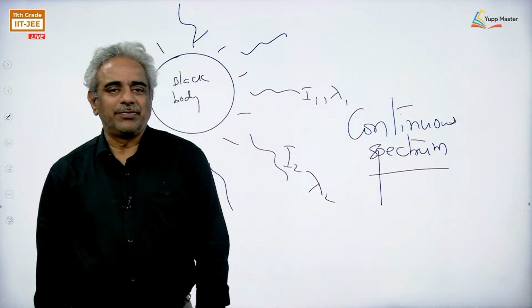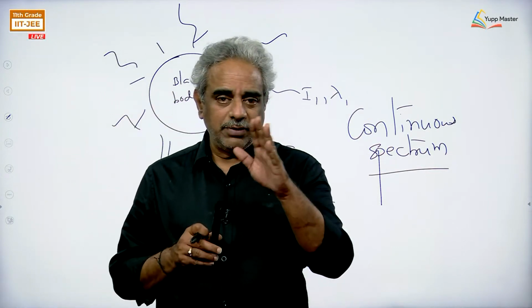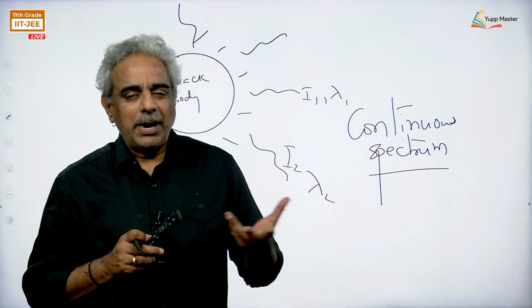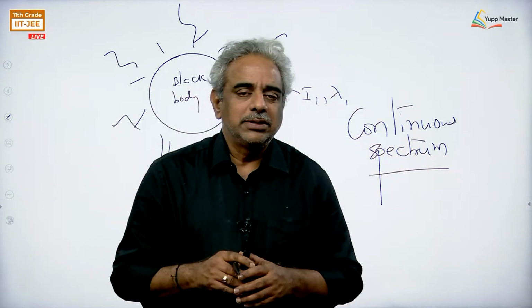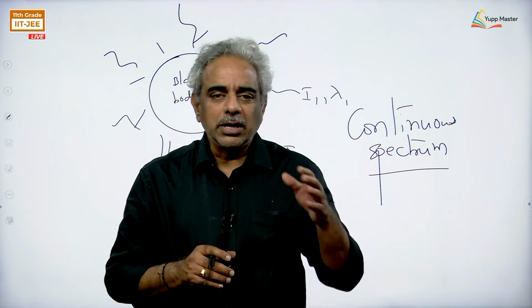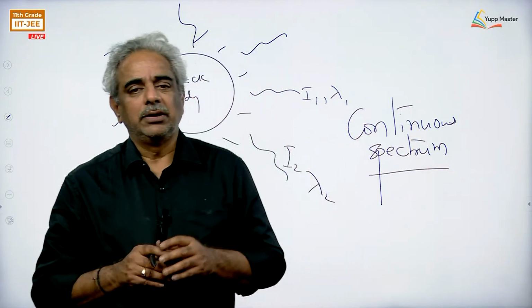My dear students, very important point. Black body radiations give a continuous spectrum. After all, black body is a solid. In the previous class, what did we discuss? Every solid gives a continuous spectrum, because all wavelengths are emitted, very close wavelengths are emitted.